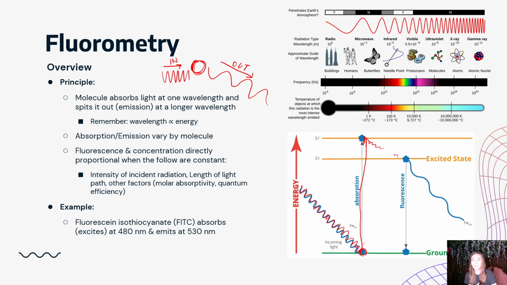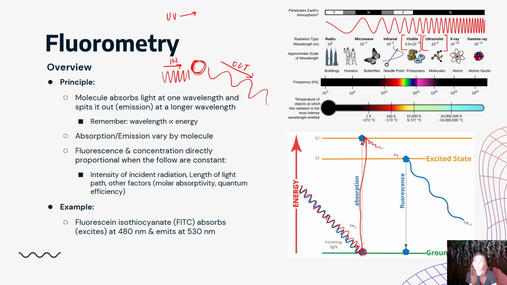Okay? Thing to note, looking up here in the upper right-hand corner, our shorter wavelengths, our UV light, is a shorter wavelength, higher frequency, higher energy light than our visible wavelength. So in practice, we are usually hitting our chromophores or fluorophores with a higher frequency, higher energy wavelength, usually UV light.